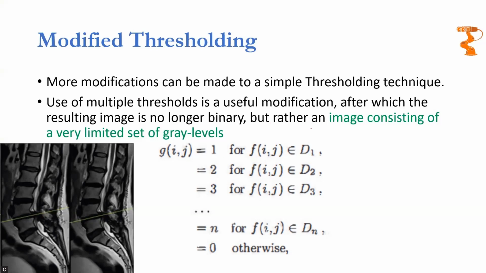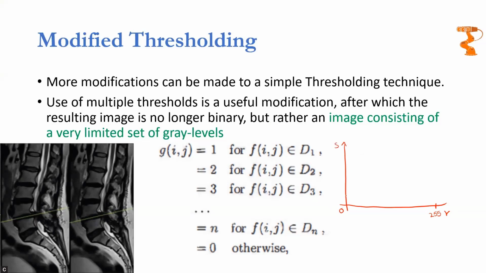If we draw the graph for this grayscale transformation for this kind of thresholding, it will look something like this. This is the input gray level, varying from 0 to 255, obviously. This will be the output gray level.